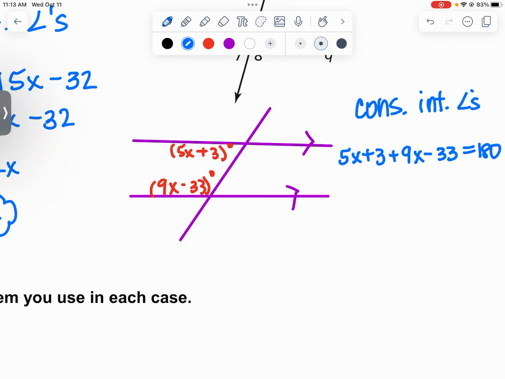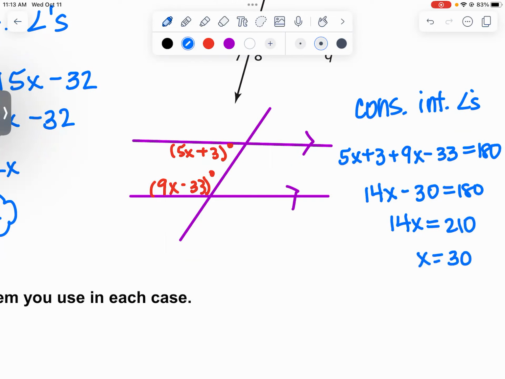I want to make sure that we understand why we're doing this. So what we have is 14x minus 30 equals 180, right? So 14x equals 210, so what's x? 30? Really?